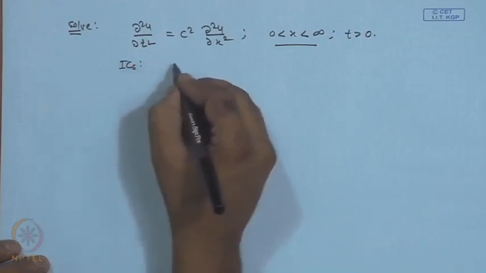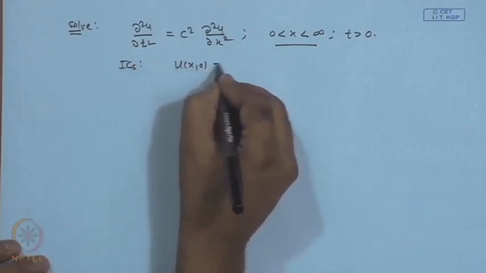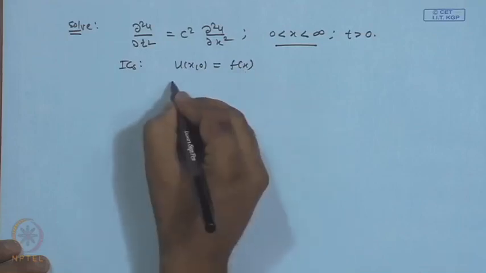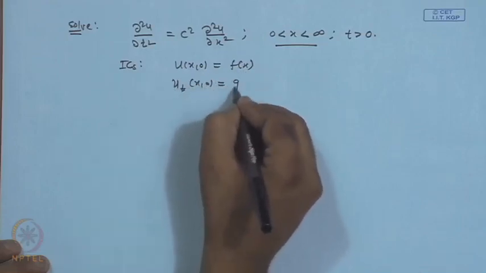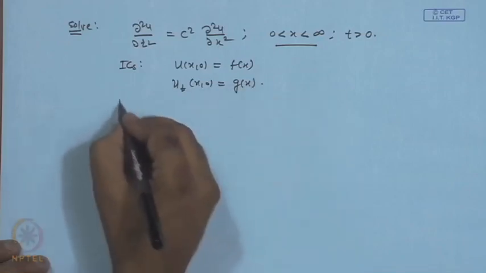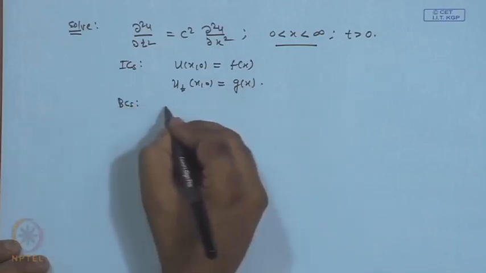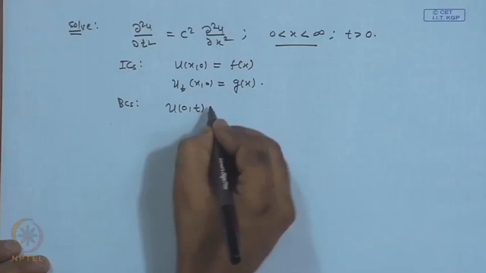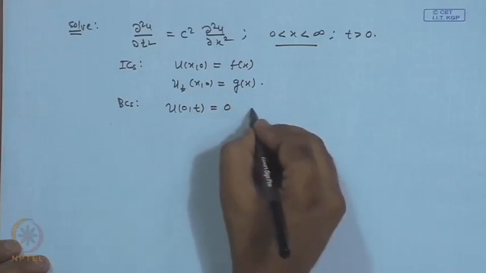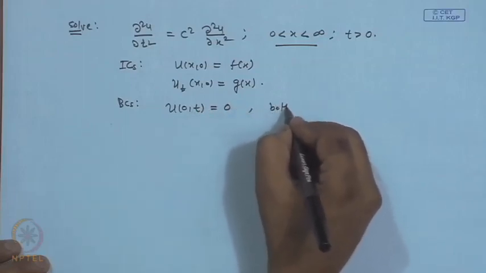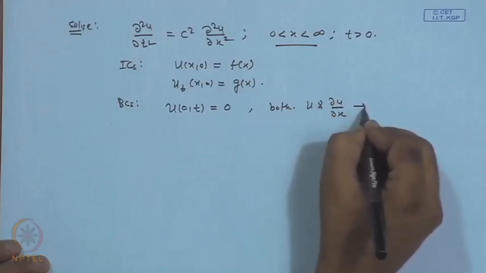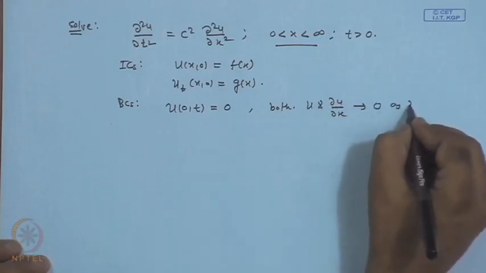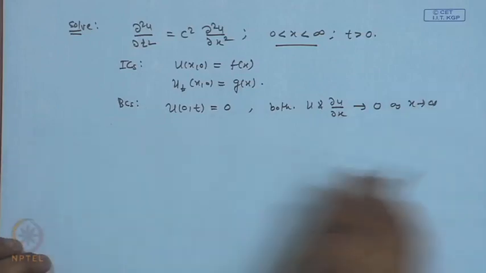Initial conditions are u(x,0) is f(x) and u_t(x,0) is g(x), and boundary conditions are u(0,t) is given as 0, and both u and del u over del x go to 0 as x goes to infinity.